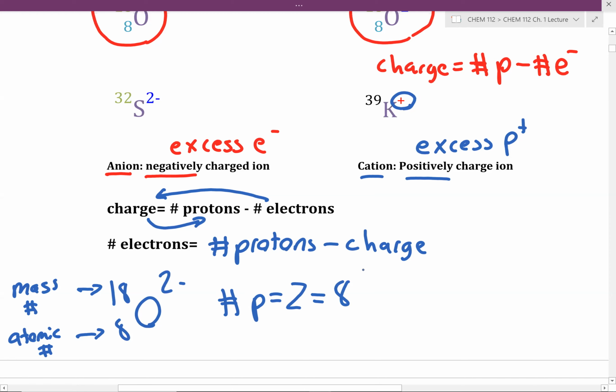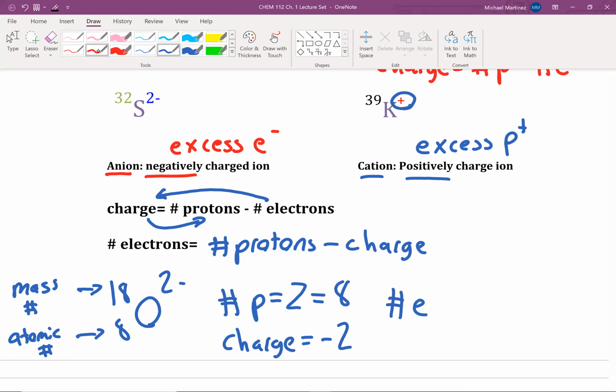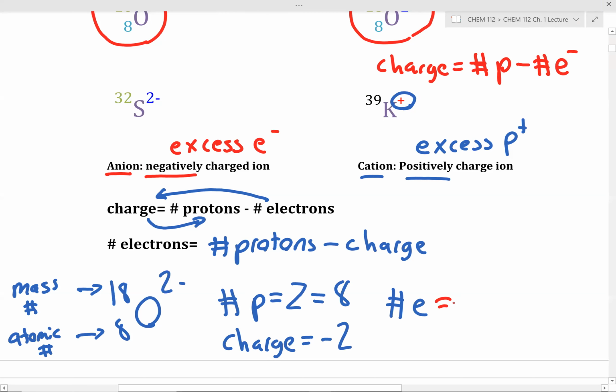Okay? And what is our charge? Yep, our charge is -2. Okay, perfect. So plugging it into this equation, our number of electrons is equal to our protons, 8, minus our charge, which is -2.